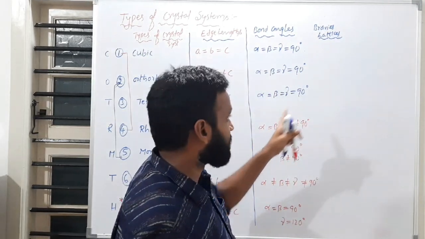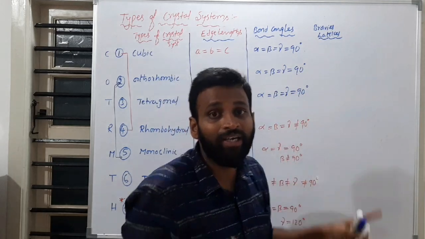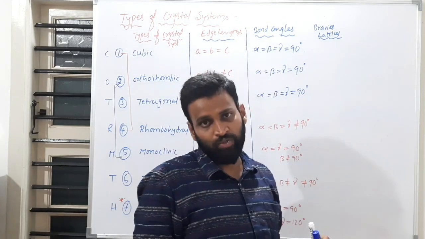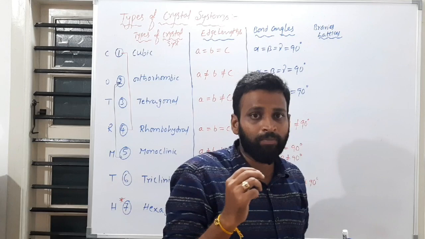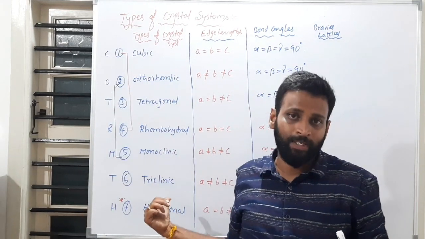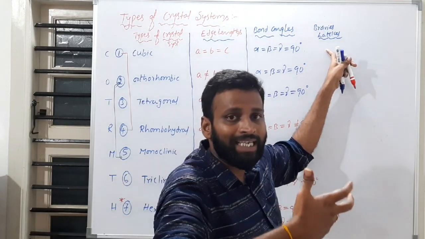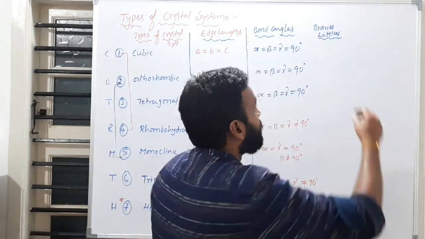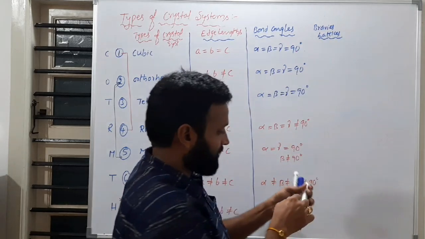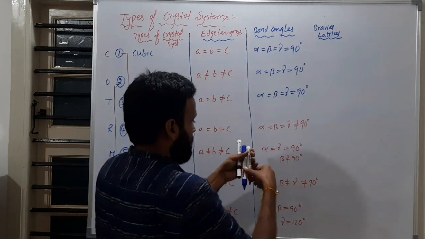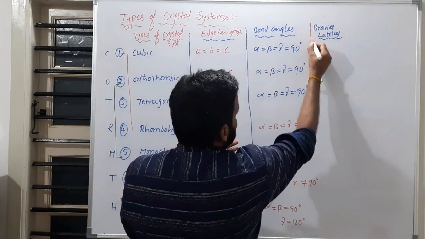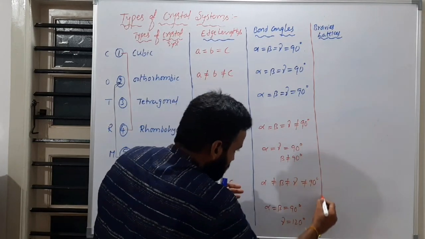These 7 types of crystal systems are again classified into 14 types. Those 14 types, based on different positions of atoms or ions, what do we call them? Bravais lattice. So what are the Bravais lattices? Let's see now one by one.